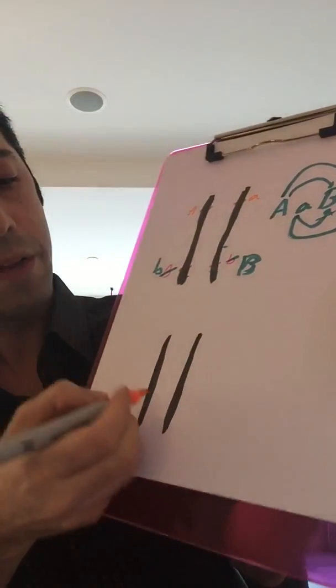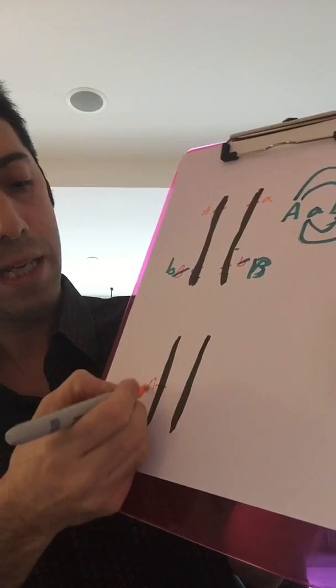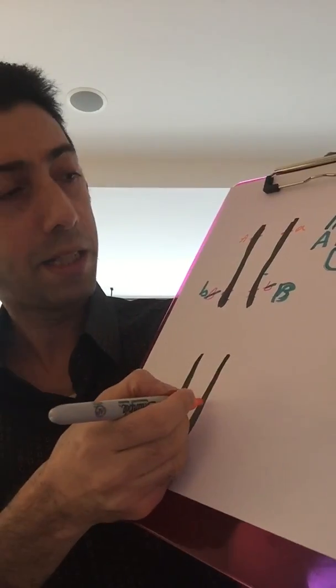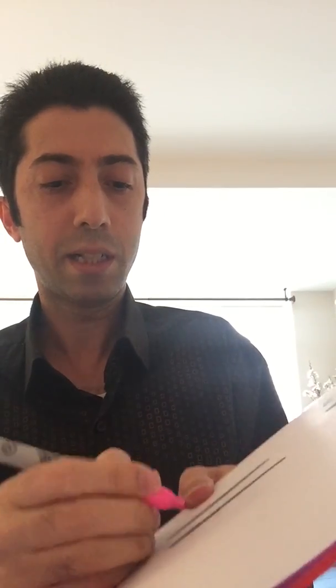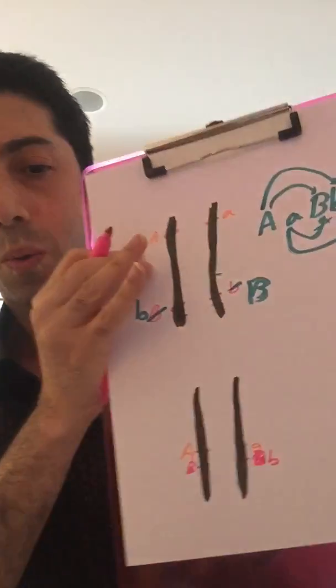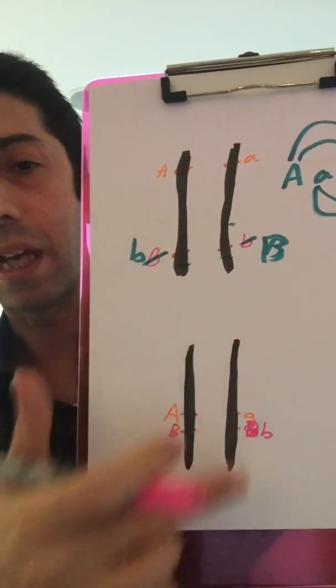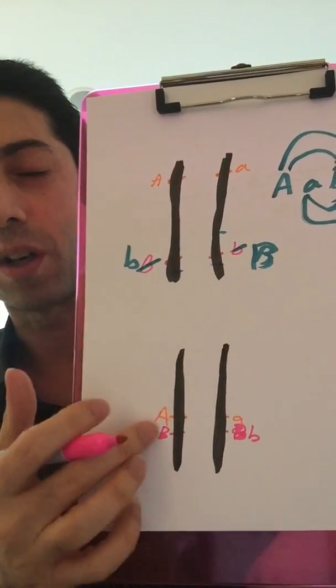But what if A and B, and the corresponding alleles on another chromosome, are very close to each other?